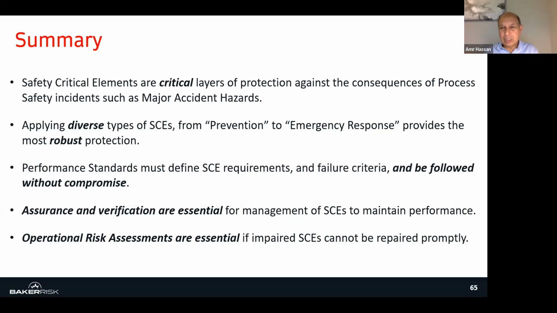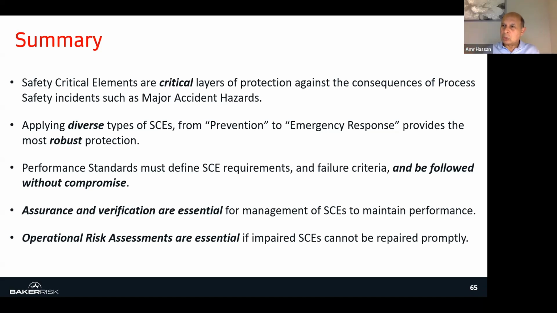For the verification activity, when the consultant who is supporting you to develop the performance standard shares with you the nature of verification and the frequency, you have to review it very thoroughly and make sure that it meets the resources within the company.